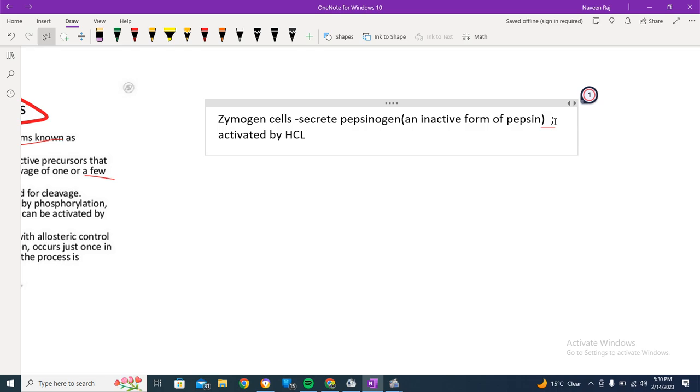If you talk about pepsin, it does milk protein digestion in adults. Now do remember this: what is the function of pepsin? Pepsin has a role in adults.